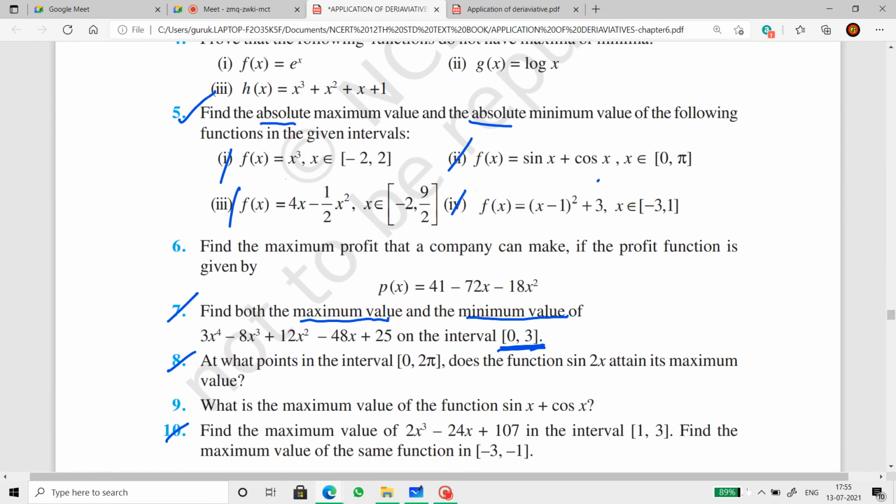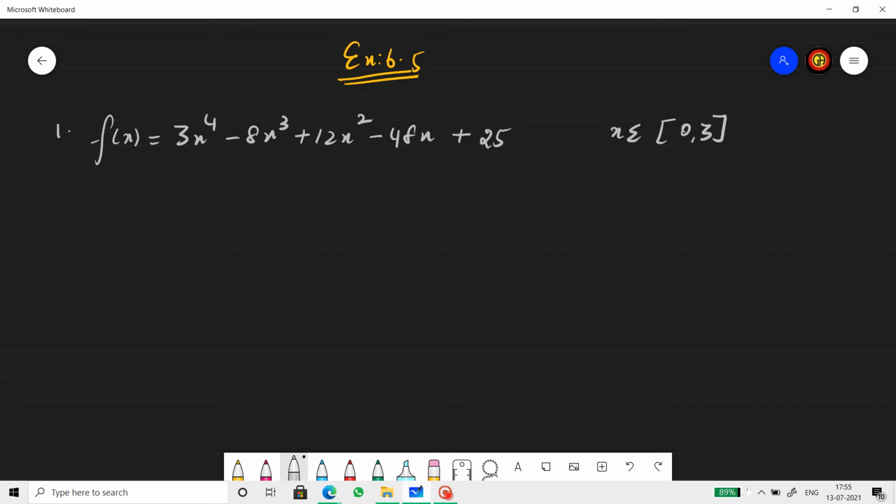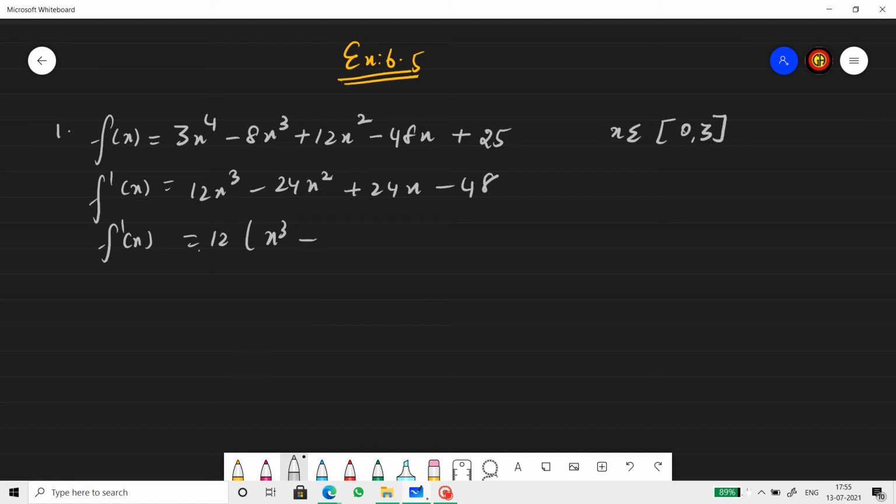Now we'll move on with these questions first. Question number 7. F of x is given. Let's find f dash of x. It is 12x cube minus 24x square plus 24x minus 48. In f dash of x, I can take 12 common out: 12 times x cube minus 2x square plus 2x minus 4.